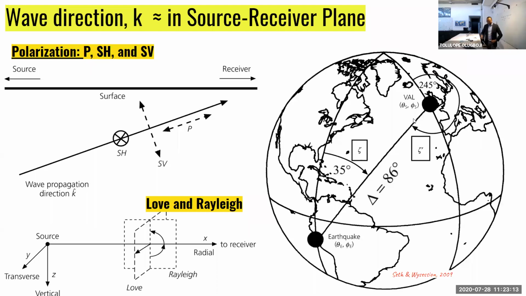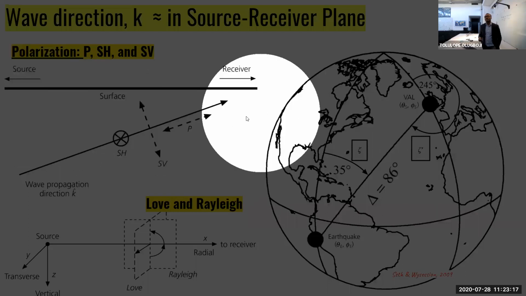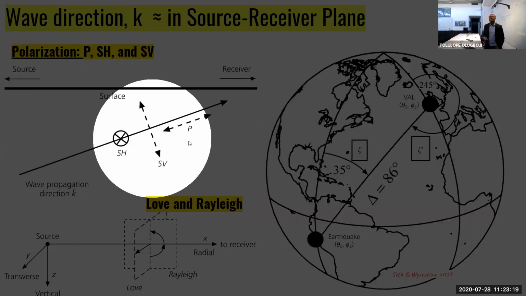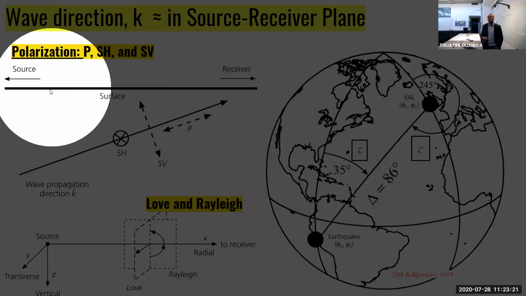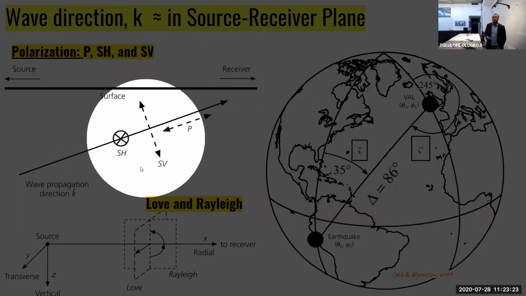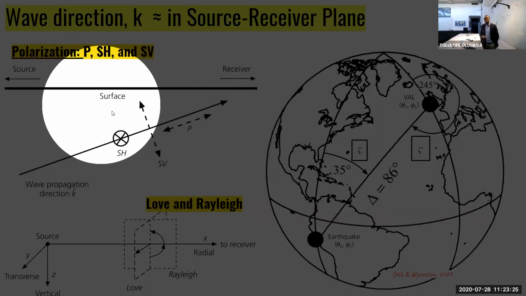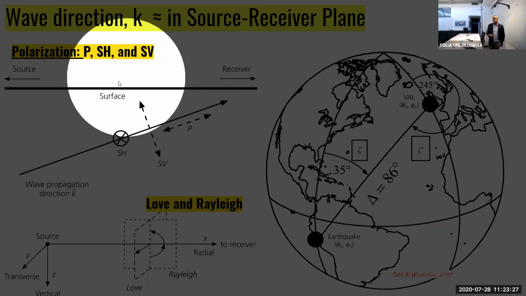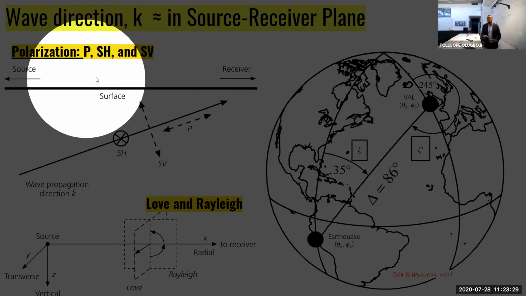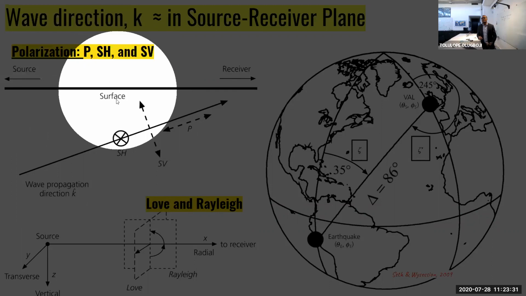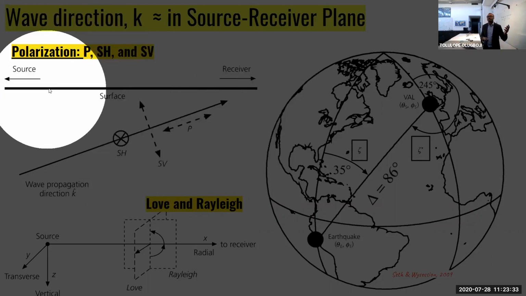So when the wave propagates along the great circle path from source to receiver, if you look along the radial plane, the source to receiver radial plane, we'll see three classes of waves polarized in unique ways. This is the polarization of waves traveling through the body of the Earth, arriving at the receiver, propagating from the source.